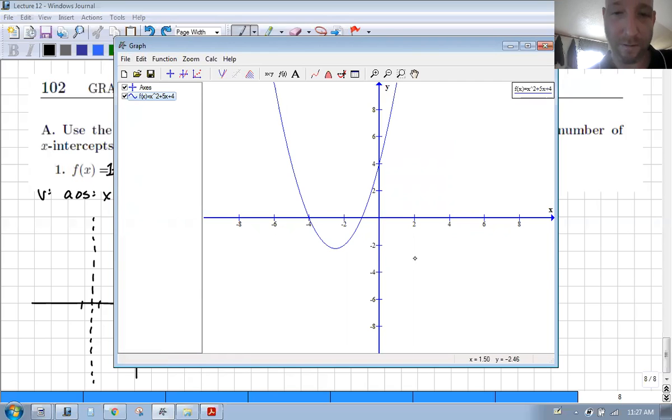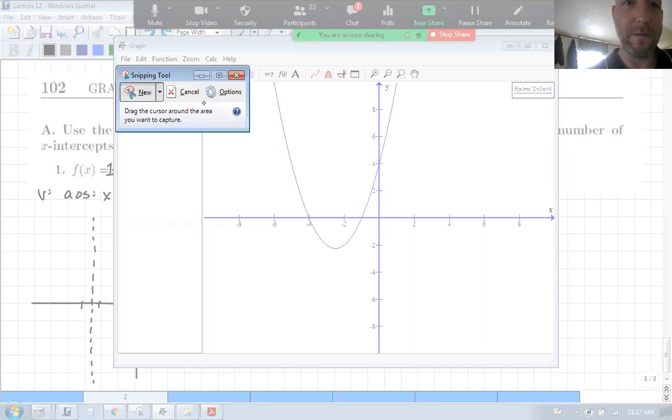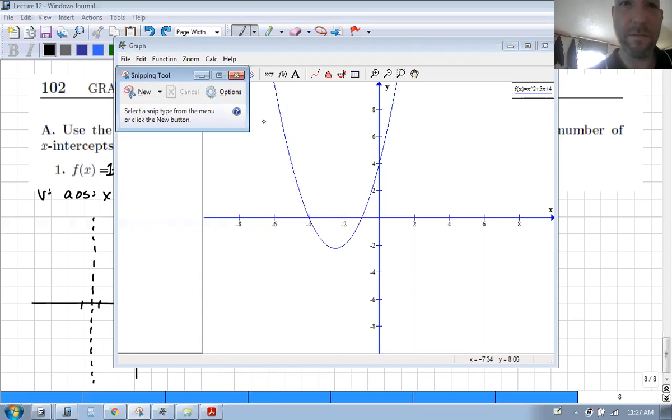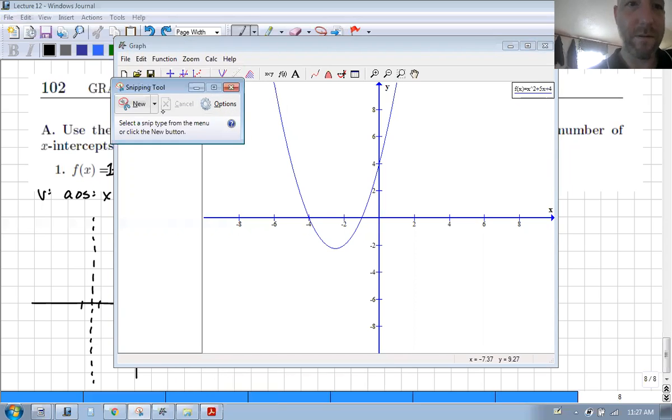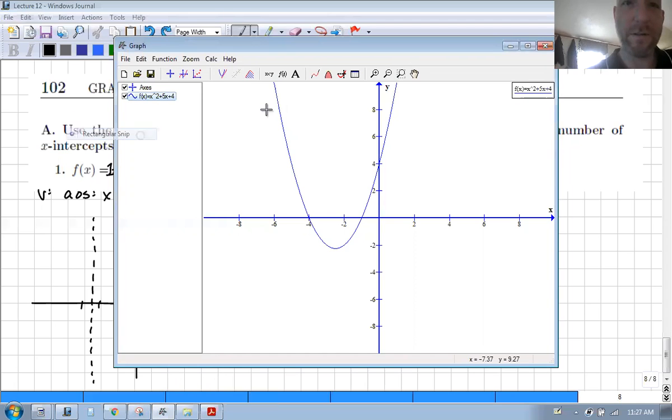Okay, how do I get the snip? I'll use this tool here, rectangular snip.